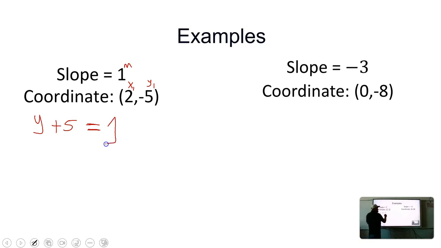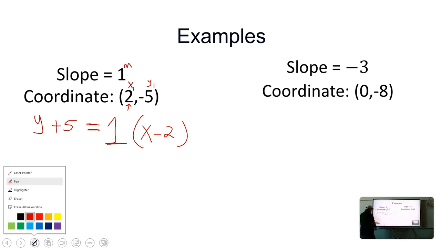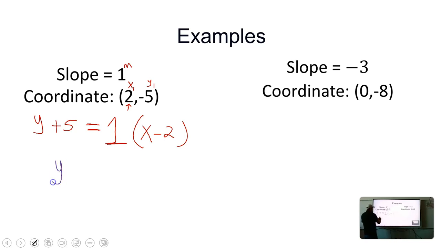I'm going to do it right now just as a placeholder. And then we have x. x1 is a positive 2, so we're going to write negative 2. So we have y plus 5 equals 1 times x minus 2. Now, to do this properly, it actually would look like this. We would say y plus 5 equals, and then you would just have an x minus 2. You don't have to write the 1 down for the slope.